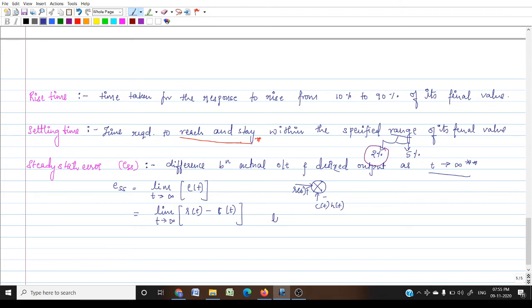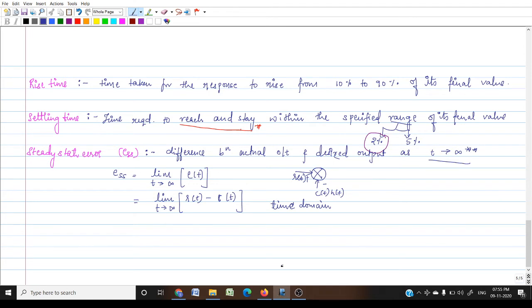Now this is in time domain. The same thing can be written in frequency domain. In the frequency domain, the steady state error will be equal to limit s tends to 0 of s into E of s, or limit s tends to 0 of s into R of s minus C of s.